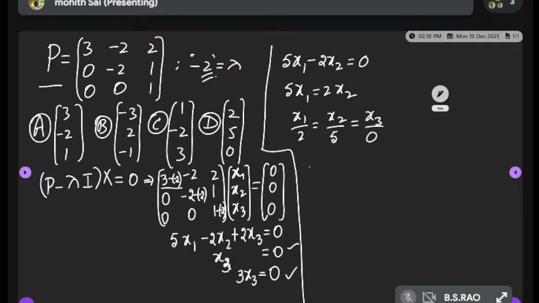So what you can say? 2, 5, 0 is an eigenvector. It is there in option B. Right? It is an eigenvector corresponding to the eigenvalue minus 2. Okay, we haven't done 3 by 3 matrix, so we have written it now.